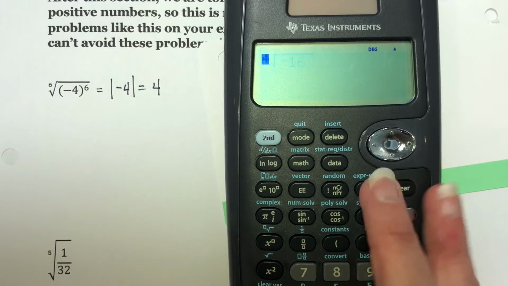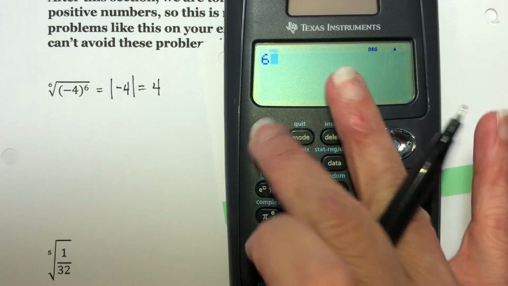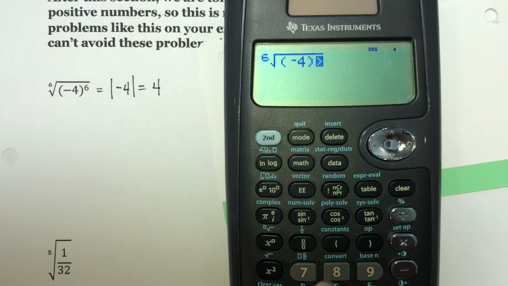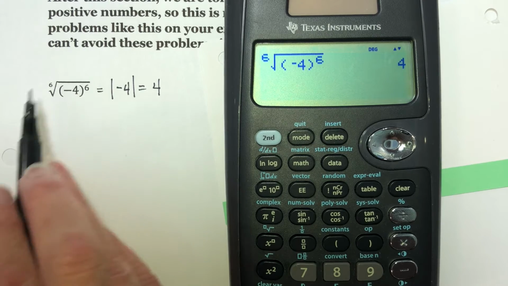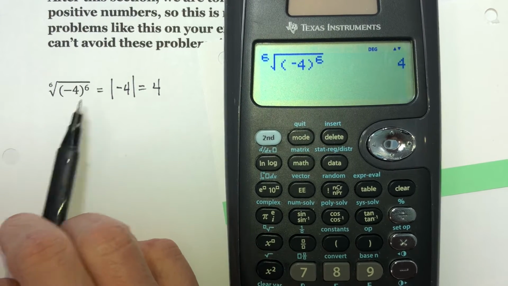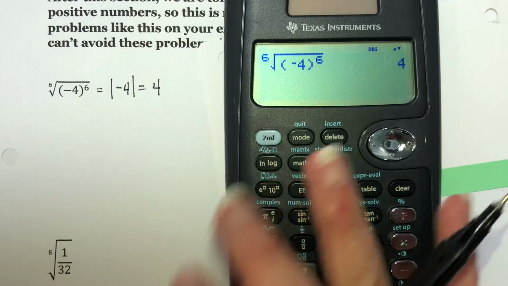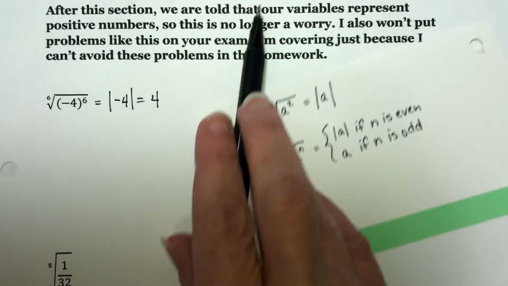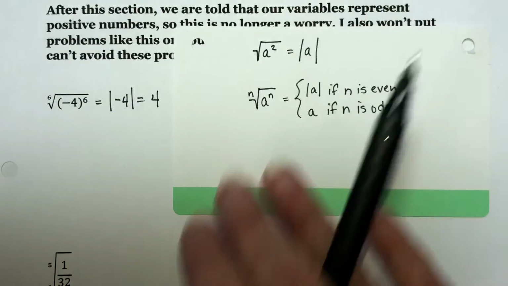Let's clear that. So I have a 6th root. Use your parentheses, -4 raised to the 6th power, and I get +4. You have to enter it exactly as it is written. But of course, this does not help you when you're dealing with variables. Your calculator can't do that.